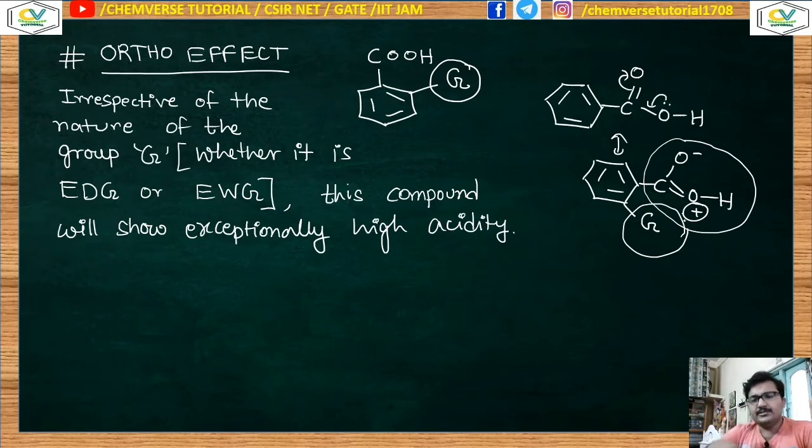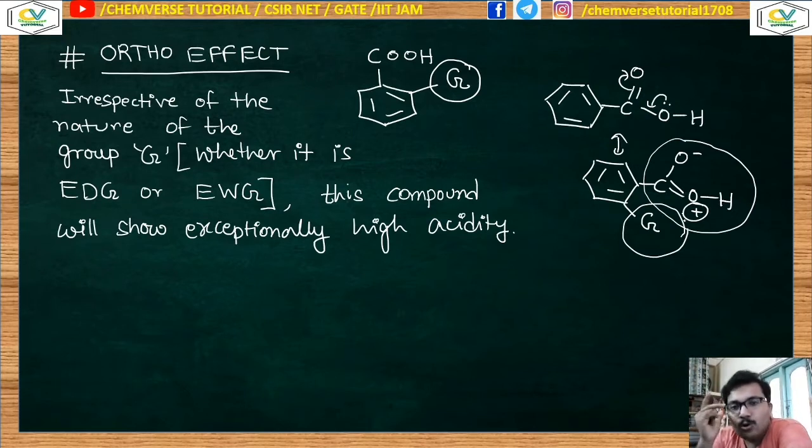The substituents present will also be in the same plane. This electron donation occurs because CO2H is already in plane with the benzene ring for benzoic acid, and resonance requires planarity of the system.